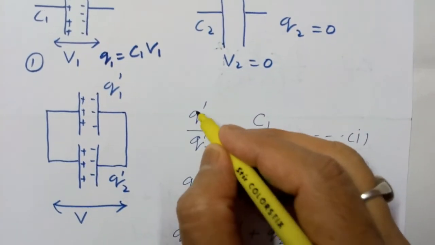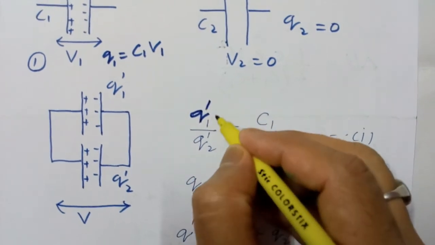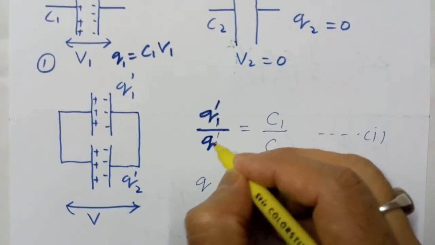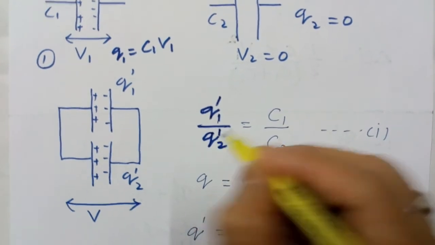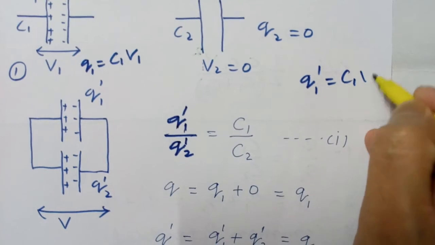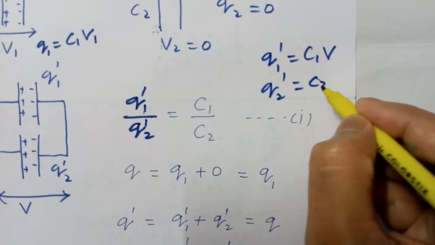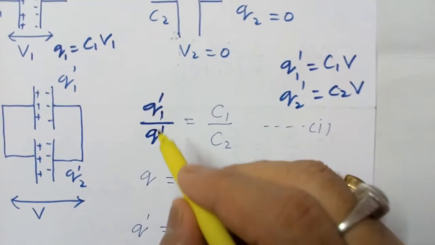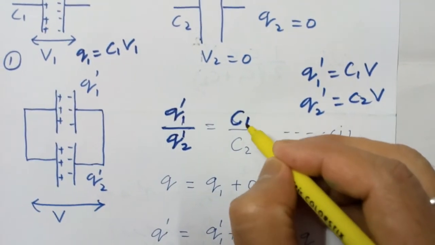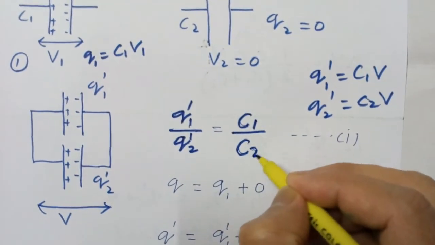So suppose charge on first capacitor is Q1 dash and charge on second capacitor is Q2 dash. So Q1 dash is equal to C1 into V and Q2 dash is equal to C2 into V. So Q1 dash upon Q2 dash will be equal to C1 upon C2, means charges will be distributed in the ratio of their capacitance.